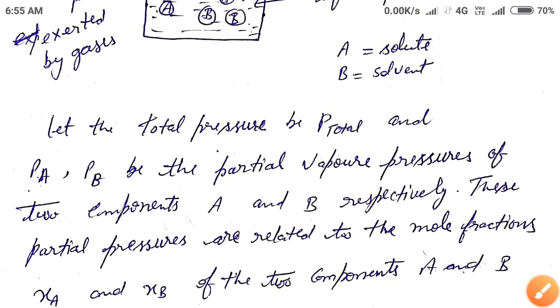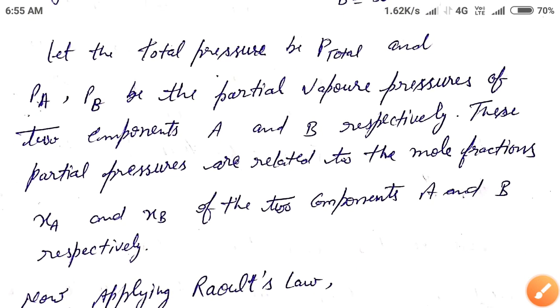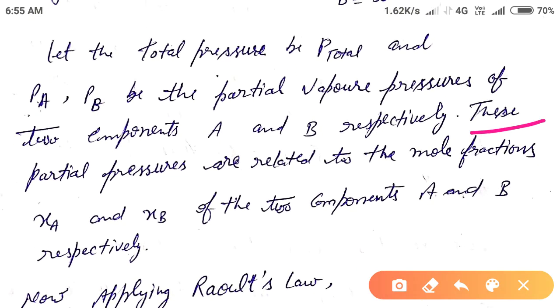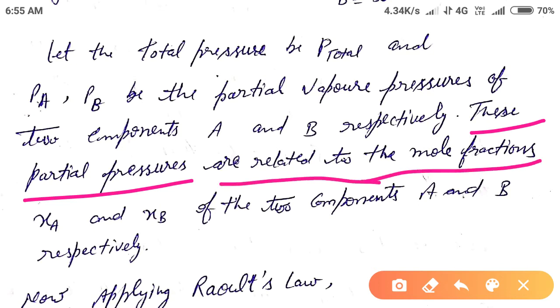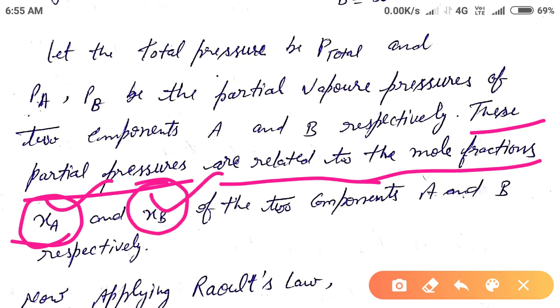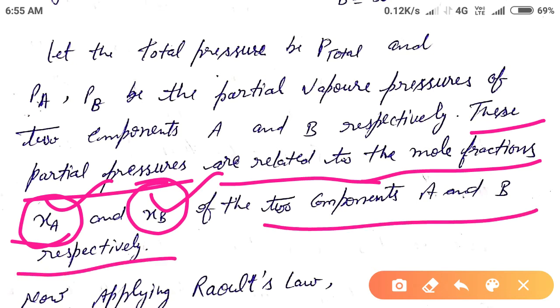These partial vapor pressures are related to the mole fractions chi A and chi B, the mole fractions of the two components A and B respectively.